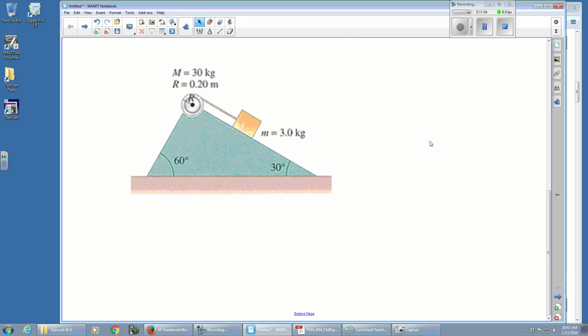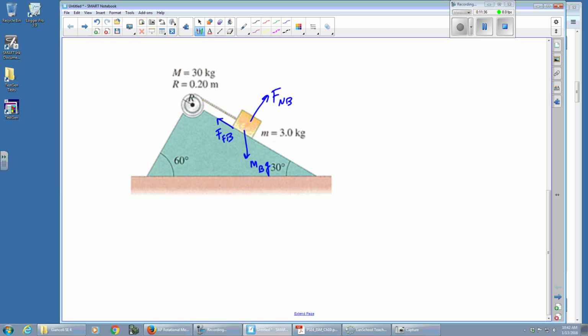Okay, so looking at our system here, we're of course going to have the weight of the box down, a force normal on the box up. If we're looking at the system, of course, I can't label that tension, but we'd have a frictional force on the box up the plane.